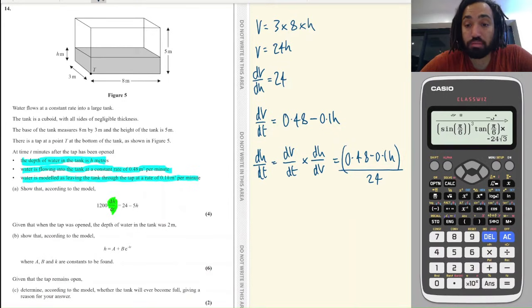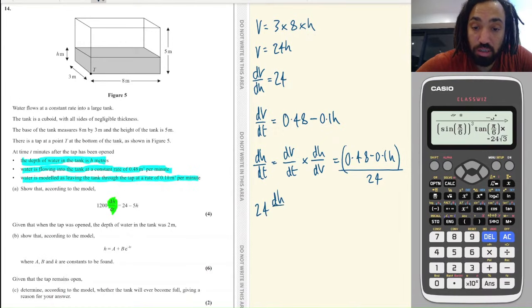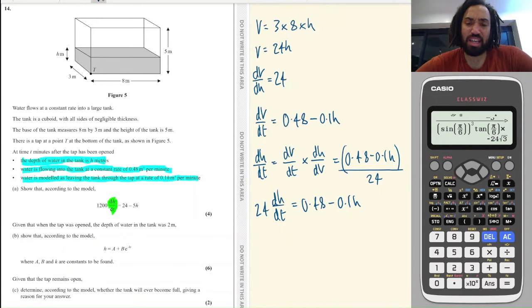Okay, so let's do some rearranging. Let's times both sides of this equation by 24, which is going to give me 0.48 minus 0.1 h. And then I think that's very similar to what we have, but it looks to me like it needs to be multiplied through by 10 and 5, so by 50.